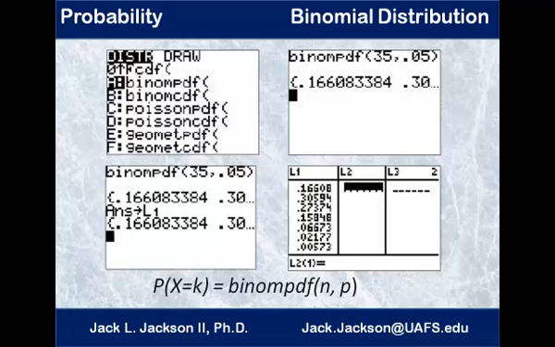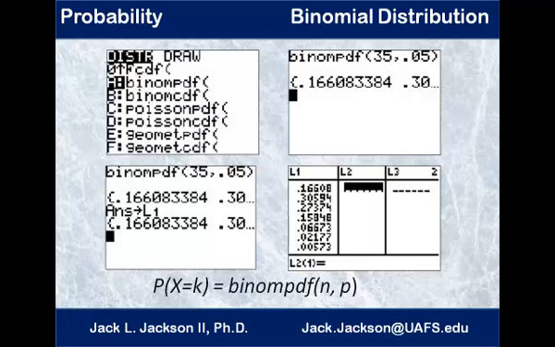So if you do stat edit, you'll get the screen in the lower right hand corner here, and you see there that that first number 0.16608 is the probability that x equals 0, starts at 0 for x. No successes. And then the next one, 0.3059, etc., is the probability that x is 1, and then the next one for x is 2.